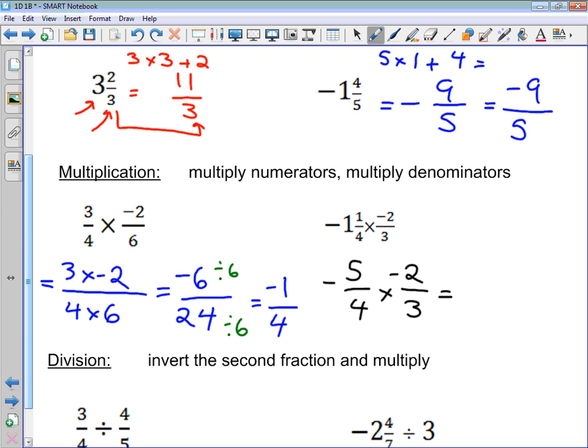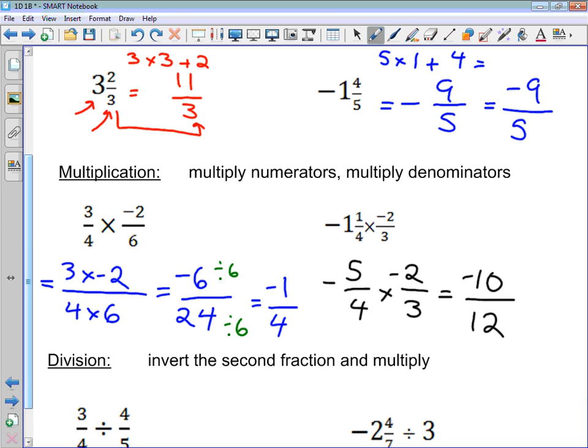And how do we do our multiplication here? Ashley. Okay, so what's our new numerator going to be? Numerator times numerator, we're going to get negative 10. And what about in our denominator? Yeah, 4 times 3 is 12. Now, what should we do with this negative sign right here that we have out in front?